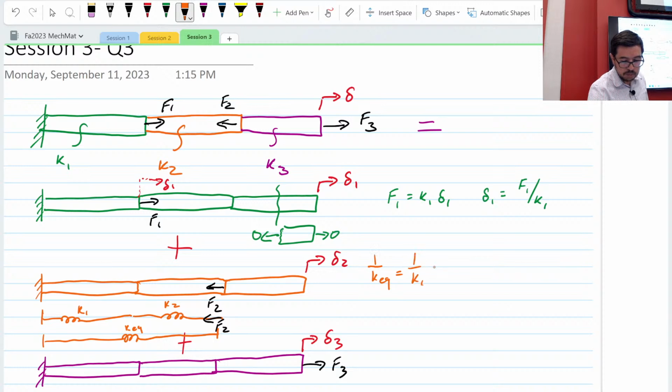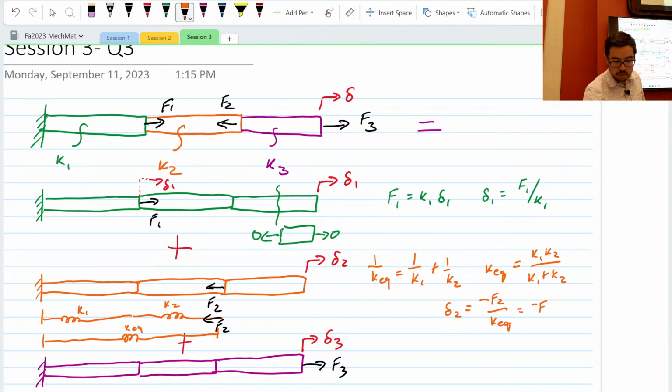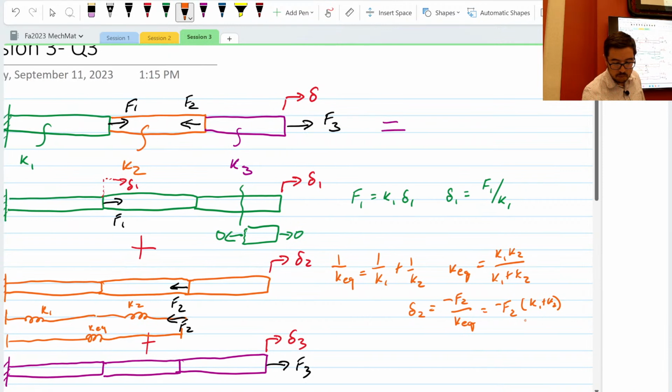I can do it this way, or I can just use the expression that we commonly have for two springs in series as the following. Okay, so the delta 2 in this case is going to be actually minus F2 over K equivalent, which is minus F2 times K1 plus K2 over K1 K2, like that. Okay.